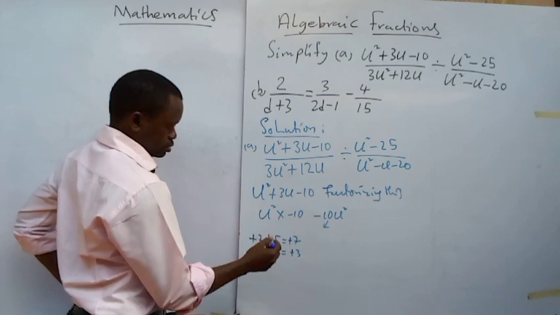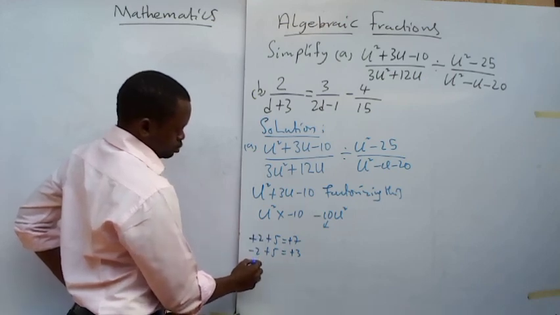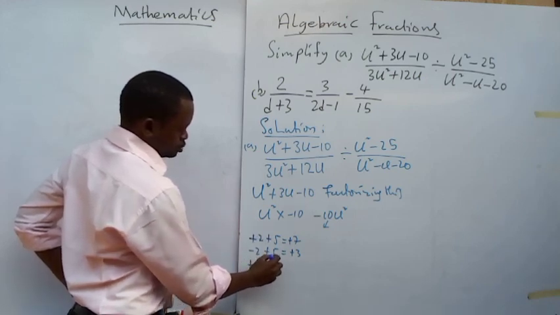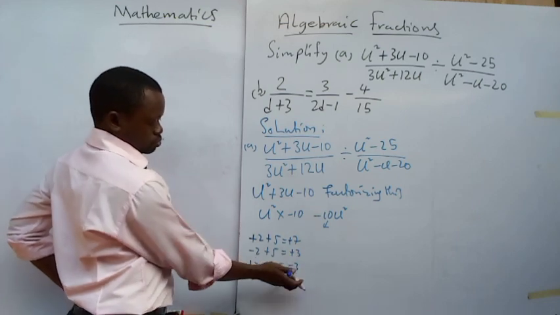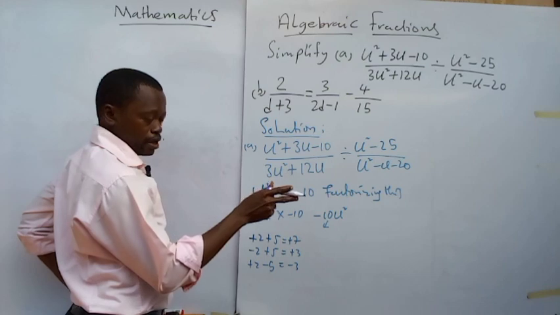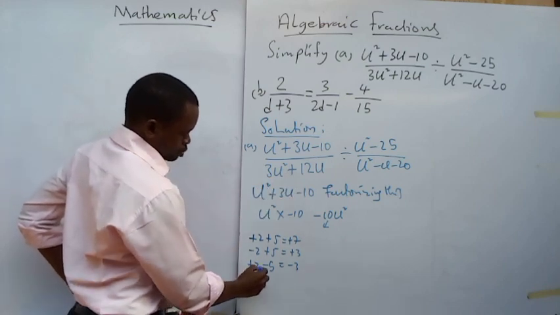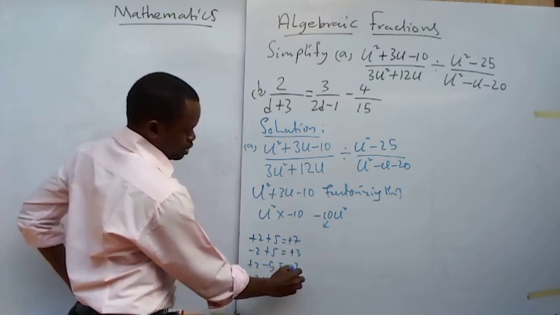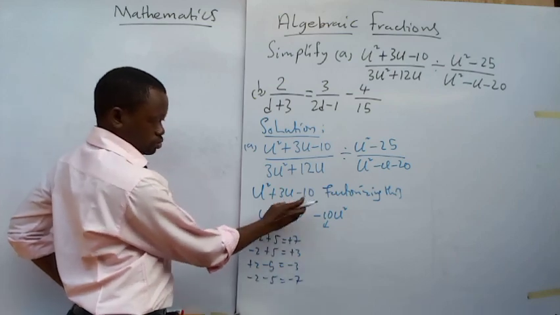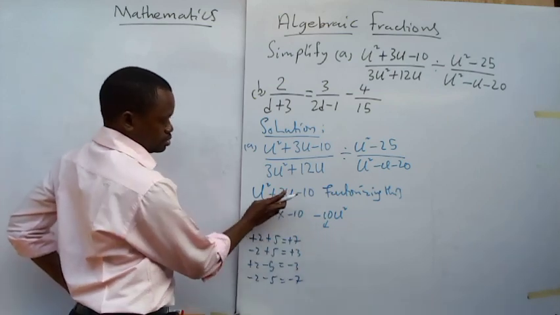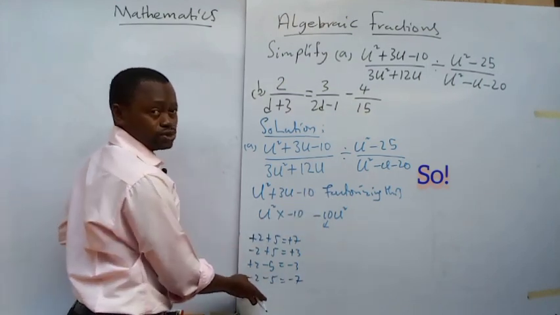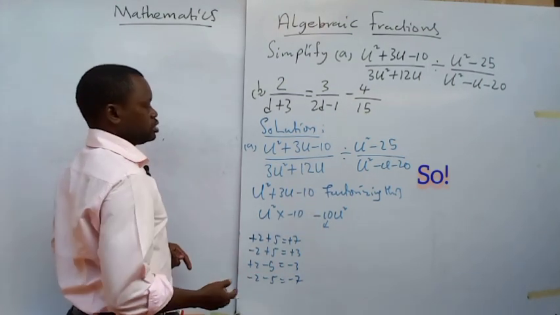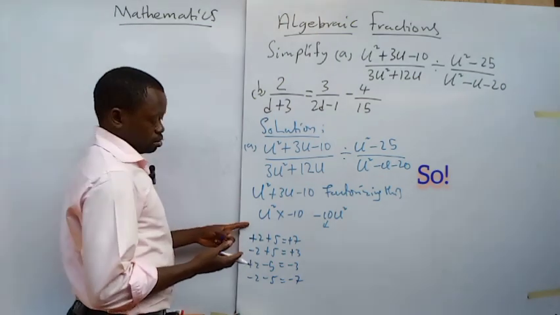You also check in case plus 2 minus 5. That is minus 3, so it's out. But it can work somewhere. Check minus 2 minus 5. That will give you minus 7. It is also out. But had it been that this is u squared minus 7u minus 10, you realize that you are going to pick this. So that's how you check it. So please take note of this.